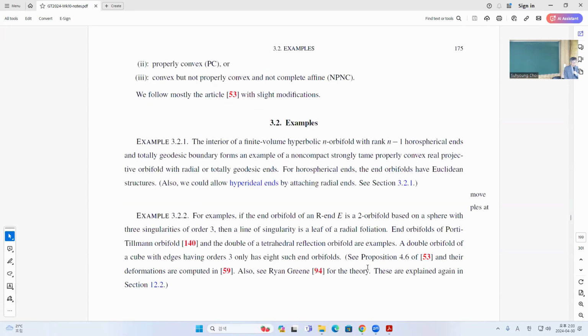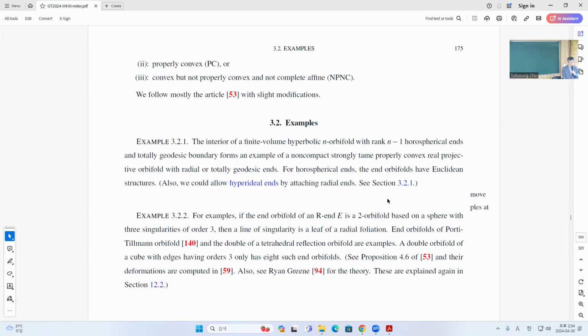For examples, you can take a finite volume hyperbolic orbifold with lens-shaped ends, and maybe totally geodesic boundary. If you remove the boundary component, then these will be the examples that I will be talking about.